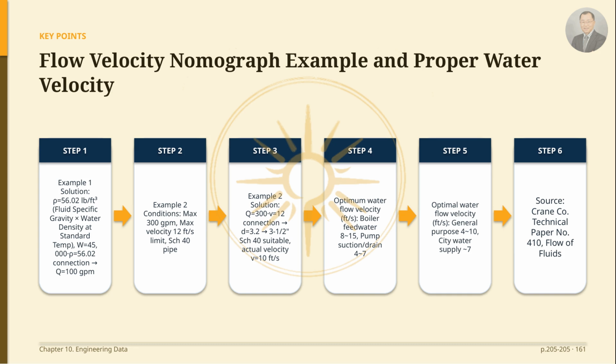Finally, the reasonable velocity standards for water are 8 to 15 feet per second for boiler feed, 4 to 7 feet per second for pump suction and drain lines, 4 to 10 feet per second for general service, and 7 feet per second or less for city service. This data is cited with permission from Crane Company as Technical Paper number 410, Flow of Fluids.